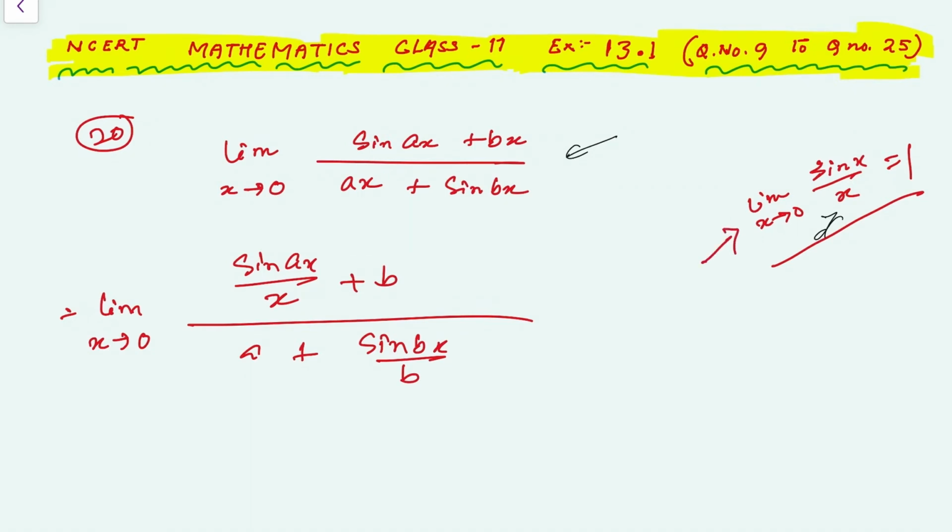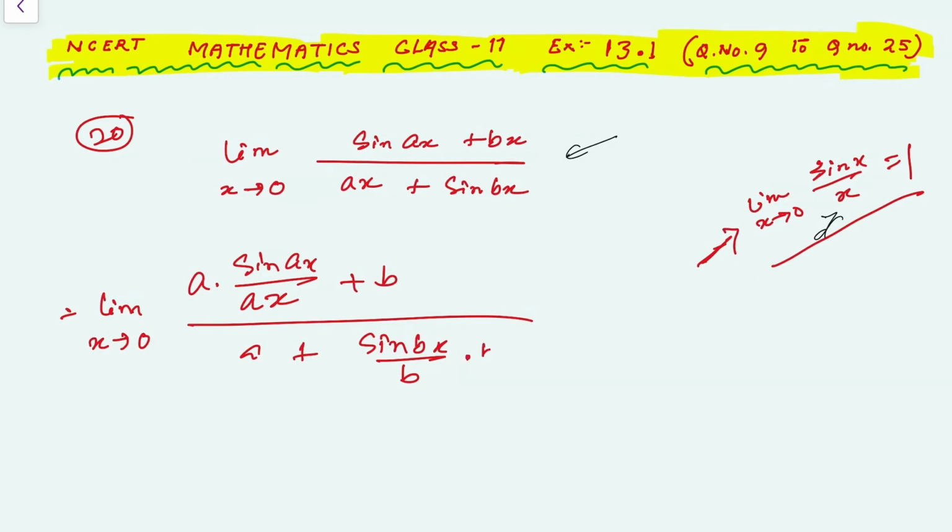In order to get this form, if there is sin ax, here also we need to have ax. So in the next step, we can write a into ax here.